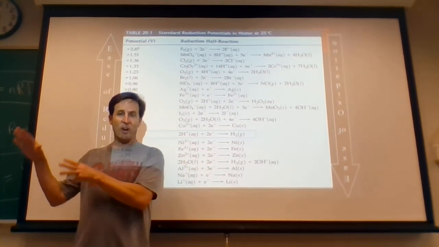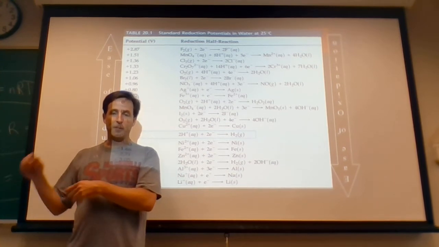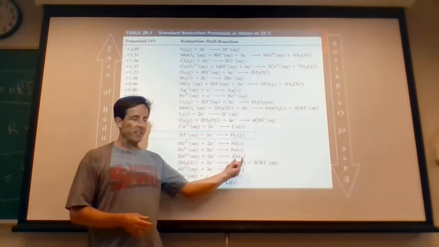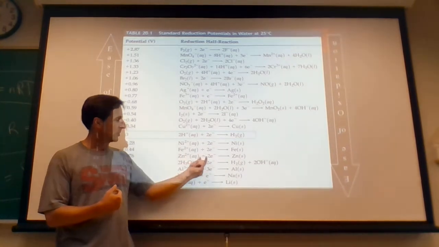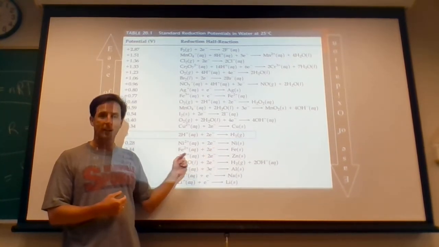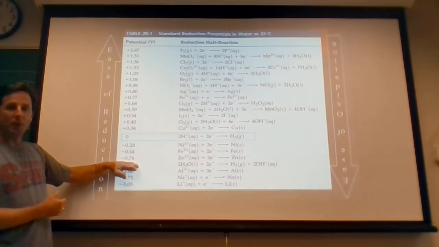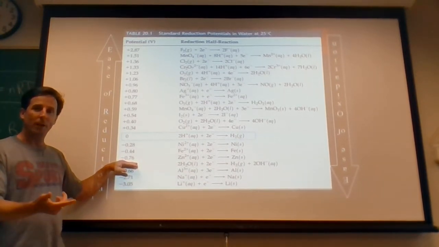In our cell, we said that the zinc was going to be oxidized. If you look back at the reaction, it should actually be zinc solid on the left side reacting to form zinc plus 2 and 2 electrons on the right side. So this value that I look for, negative 0.76, is actually the opposite of what I was doing in my reaction.